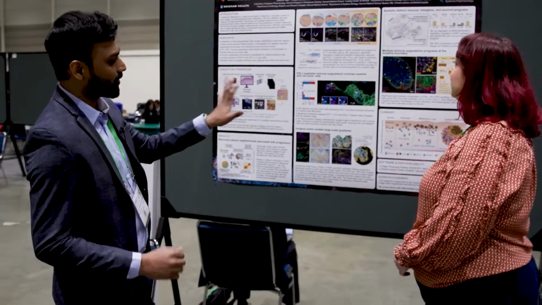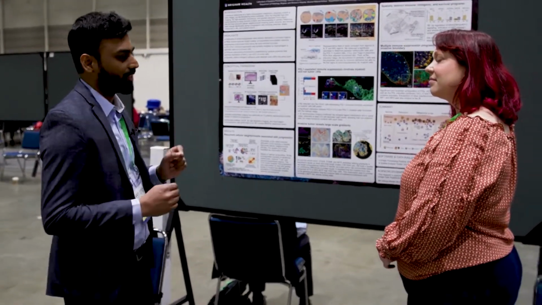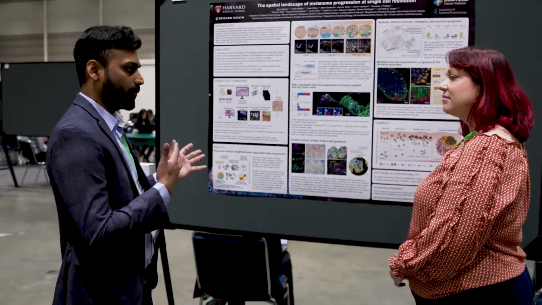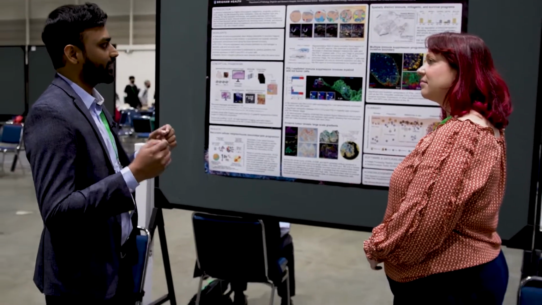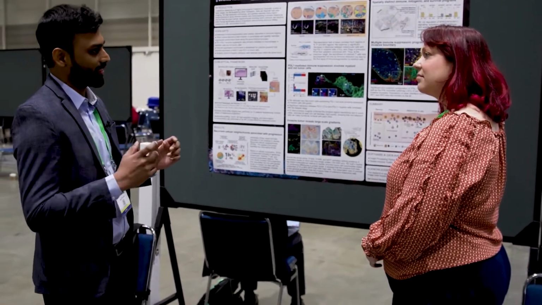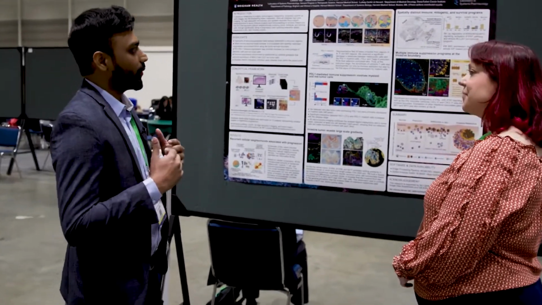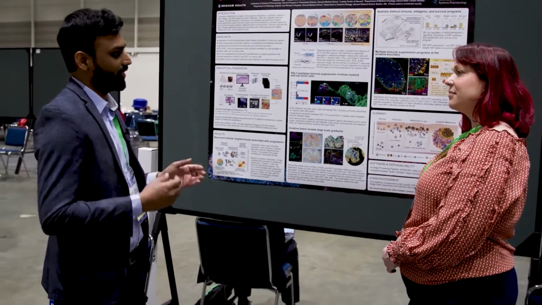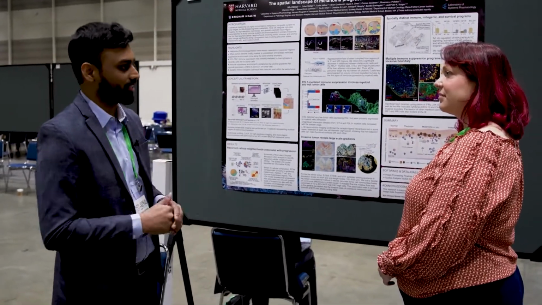What was also interesting is that when you look at the normal and precursor or early lesions, you don't necessarily see a difference in the cell types present or their abundance. What we do see is that the interaction patterns between these cell types change from normal to precursor. So you really need the spatial resolution to tease out these signatures as tumors move from normal to a very early precursor stage.